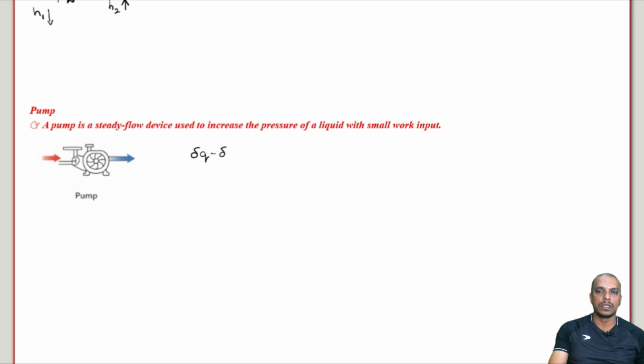Q minus W is equal to change in enthalpy plus change in kinetic energy plus change in potential energy. As usual, we neglect this: Z2 minus Z1 is equal to 0. Change in kinetic energy is also negligible, and a pump is a device where heat transfer is negligible. So, minus work transfer will be equal to H2 minus H1. W is equal to H1 minus H2.